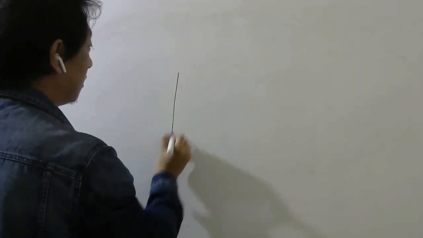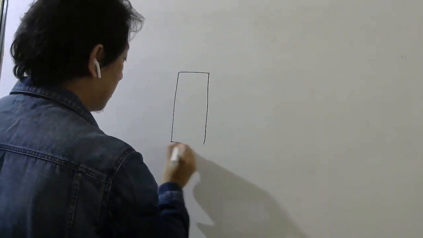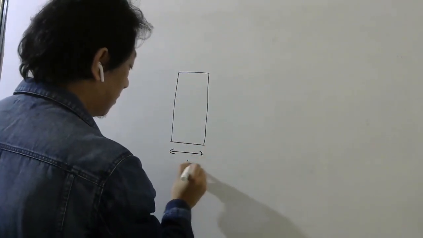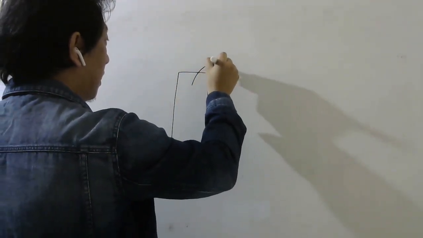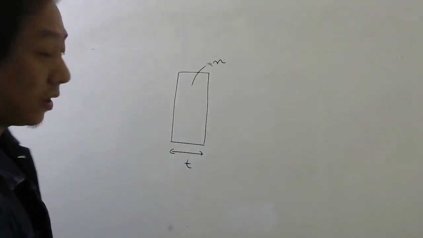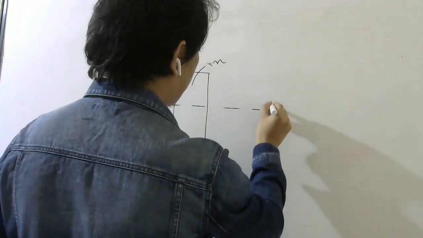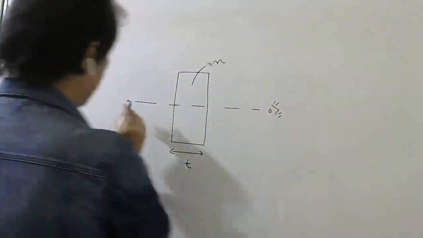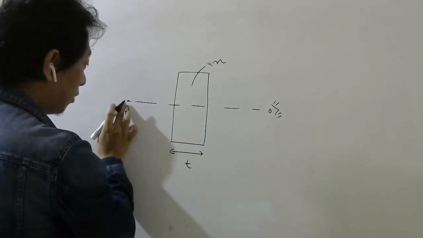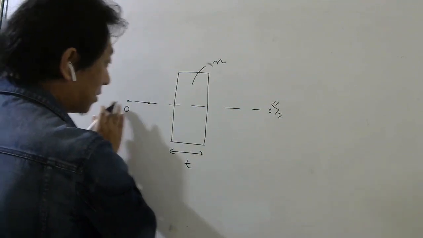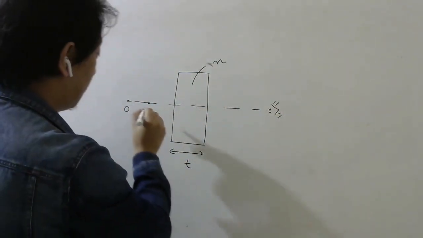Then one very important thing I have told you: if there is a glass slab of thickness T and refractive index n, and you observe an object from here, you will see that the object will shift towards the direction of the incident ray.